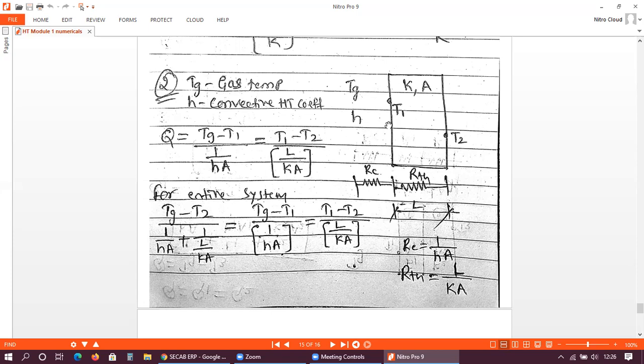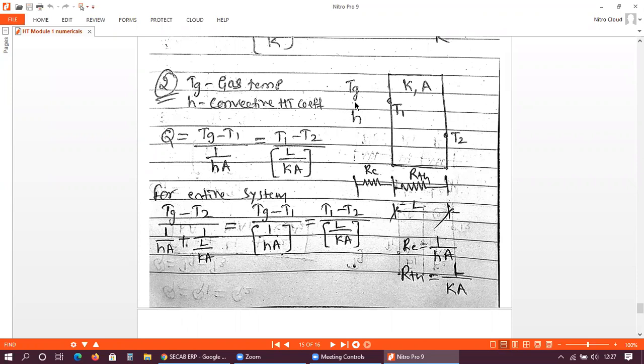So how are we going to write the equation for this? See, there are two cases now. This slab is exposed to a convective medium on the left surface. You can see on the left there is a gas with temperature Tg, and there is heat transfer. Since gas is there, there has to be a convective heat transfer coefficient.